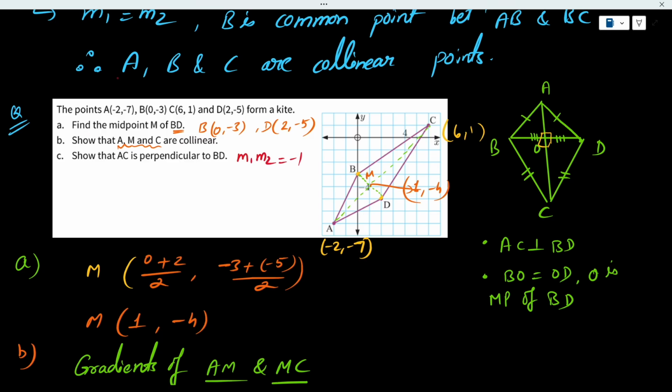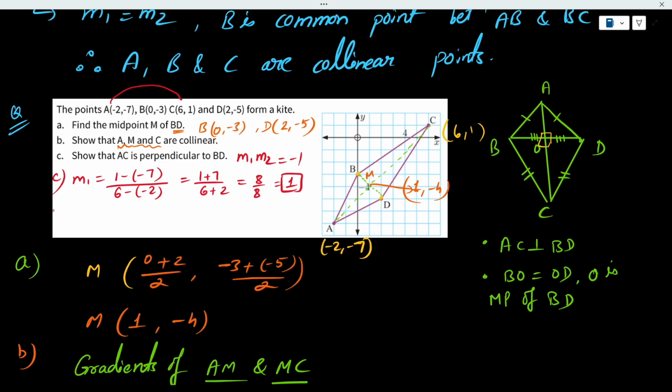So for the AC gradient, I'm just doing it here for the C part. m1 will be y2 minus y1, so 1 minus (-7), by x2 minus x1, which is 6 minus (-2). Don't go wrong with the sign, otherwise the whole value will be wrong. So 8 by 8, you are getting 1.